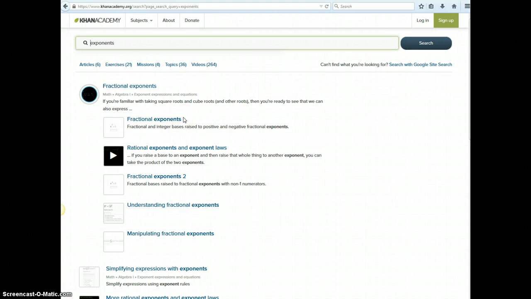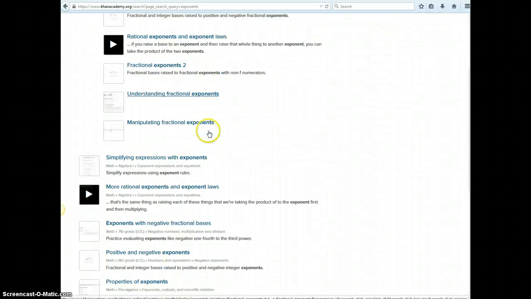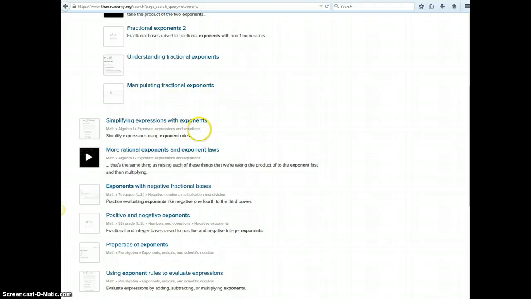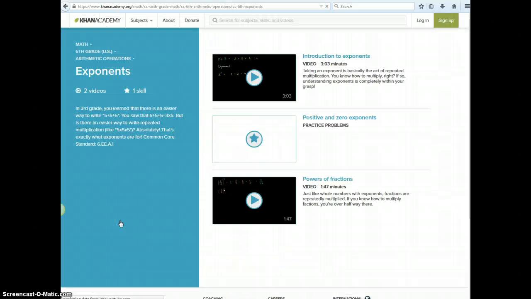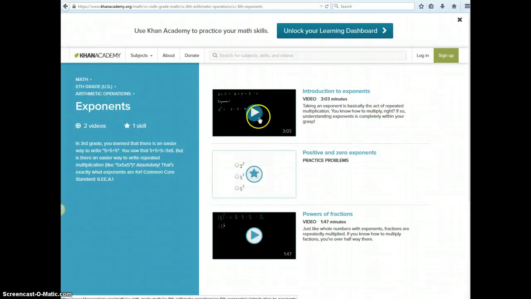Fractional exponents, we're not going to be covering those in this class, but we are going to be covering simplifying expressions with exponents and exponents with negative bases, negative exponents. That's what we want, positive and negative. Look for the topic that is really going to help you learn the rules. And then there are videos and practice problems that you can use to make sure you understand the rules for exponents.